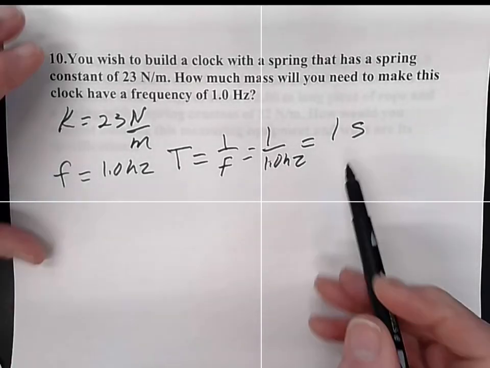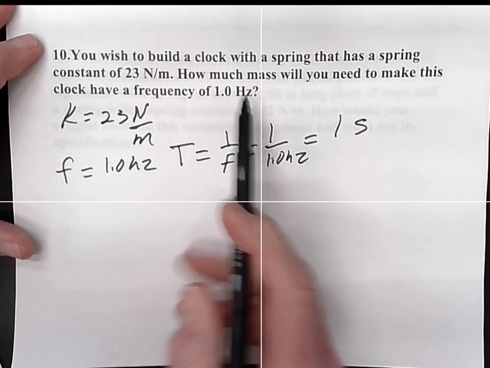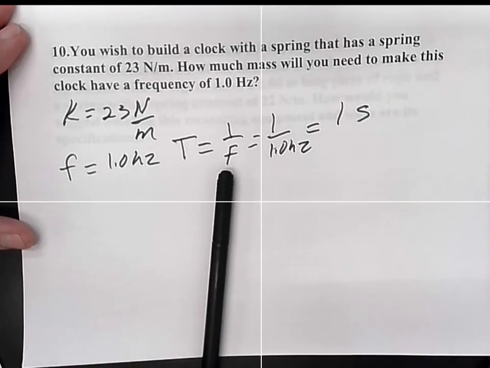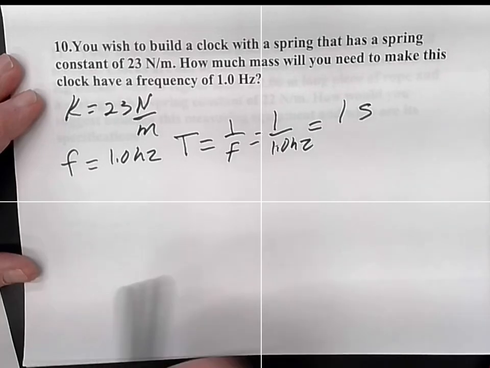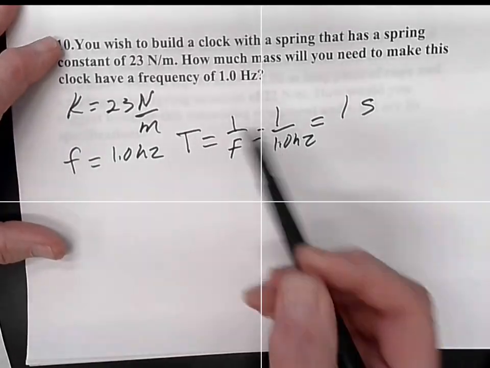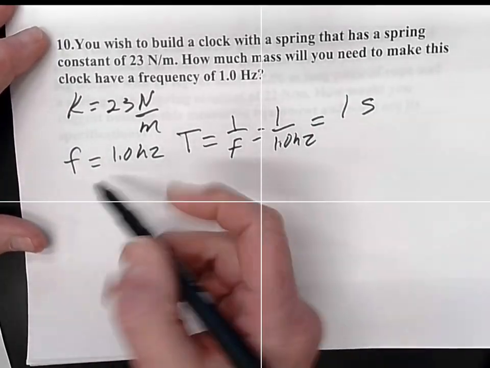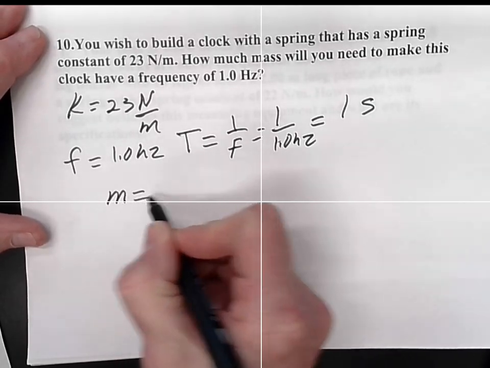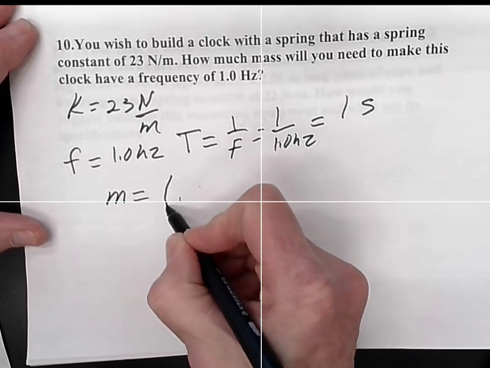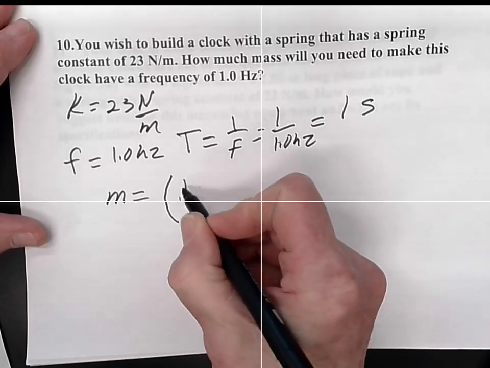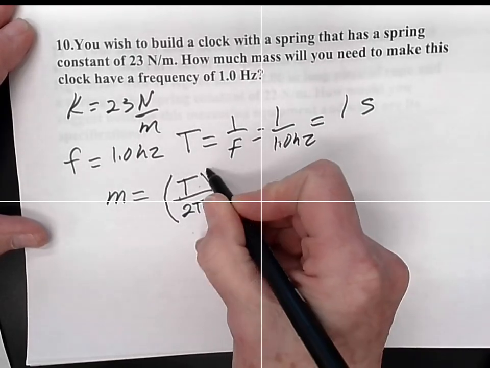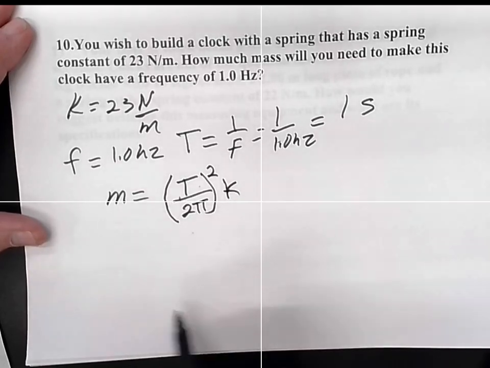So if you have the frequency here, this simply becomes a mass problem, and we've figured out the formula for mass earlier, and we said that mass was going to be equal to the square root of the period over 2 pi squared and then times k.